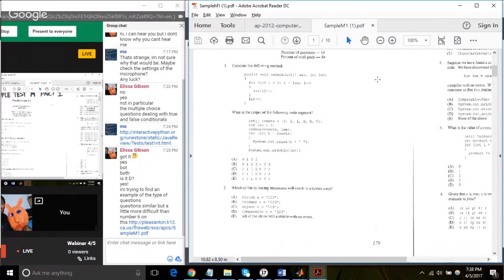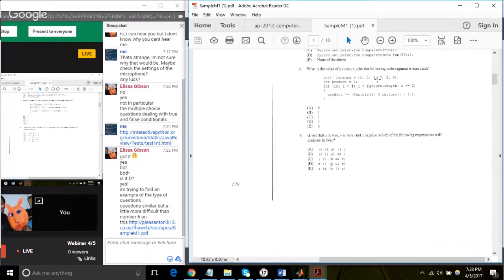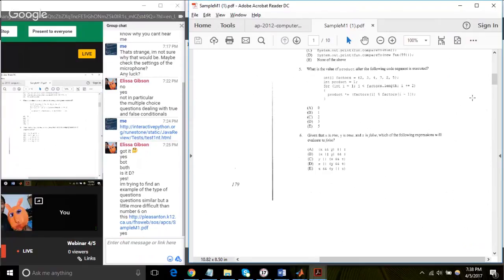Okay, so question number 6 here. Oh, okay, I see. Given that x is true, y is true, and z is false, which will evaluate to false?